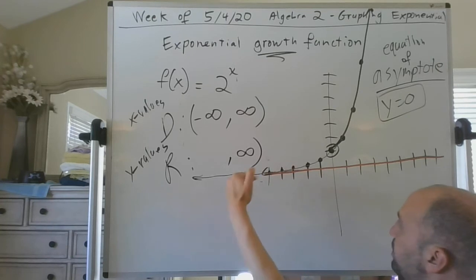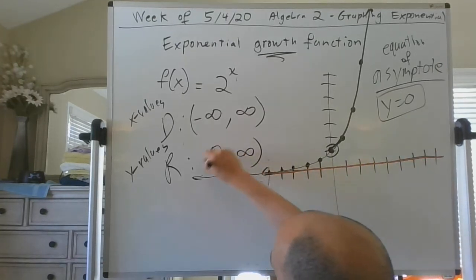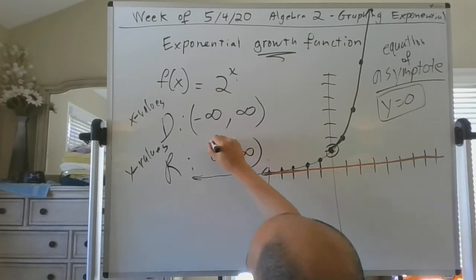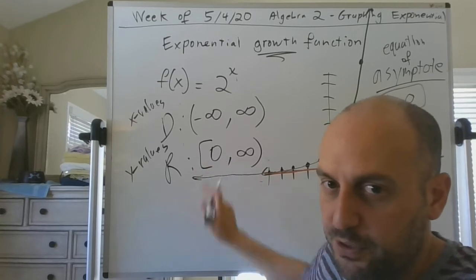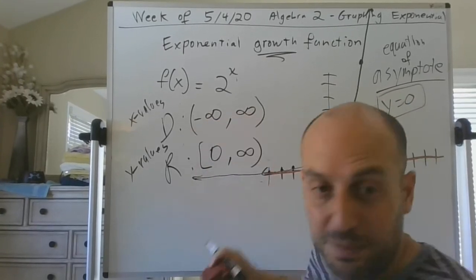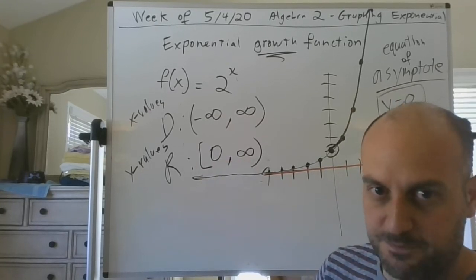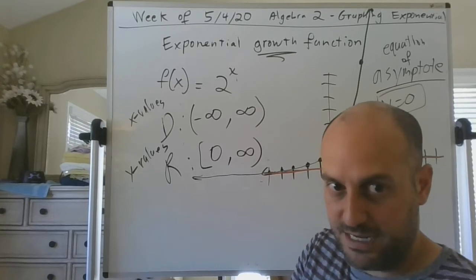It does not go below this 0 point right here at y equals 0. So I'm going to put a 0 there. But here's my question. Do I put a bracket or do I put a parenthesis? Now, if you put a bracket, what you're telling me is it stops at 0, but it includes 0. So 0 and everything above it.